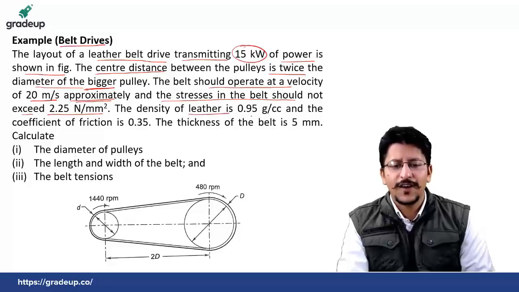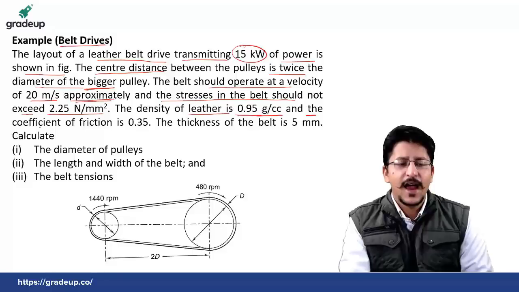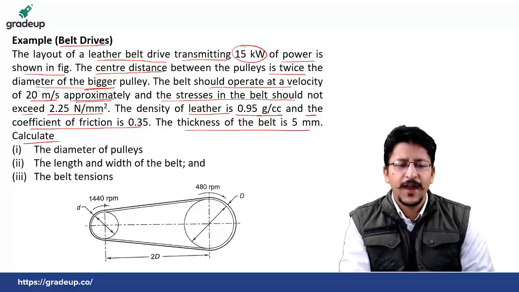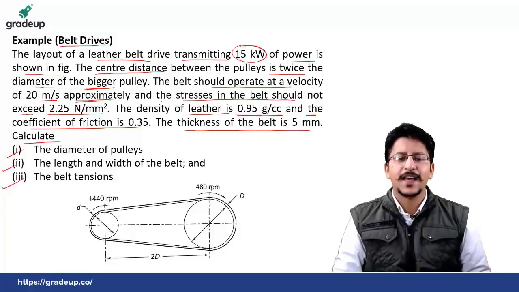The density of leather is 0.95 gram per cc, and the coefficient of friction is 0.35. The thickness of the belt is 5 mm. Then we have to calculate the diameter of the pulleys, the length and width of the belt, and the belt tensions. This is the schematic diagram that has been shown.